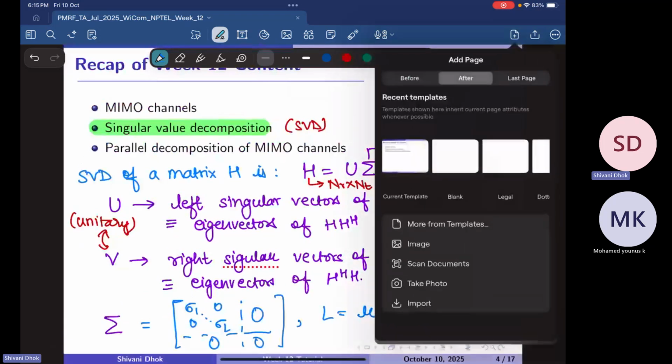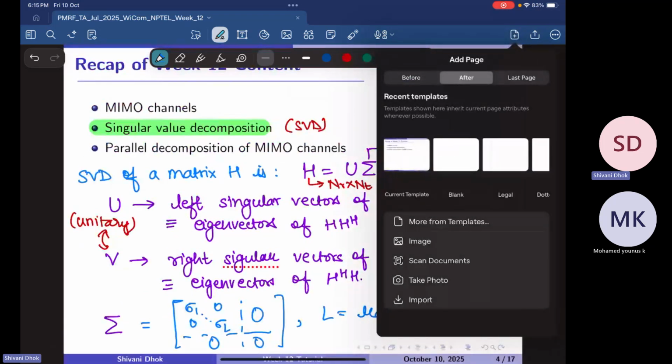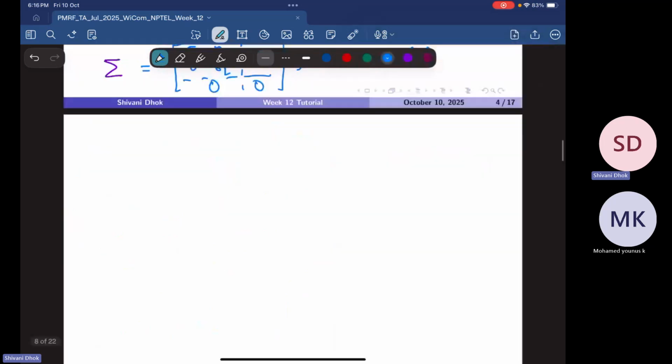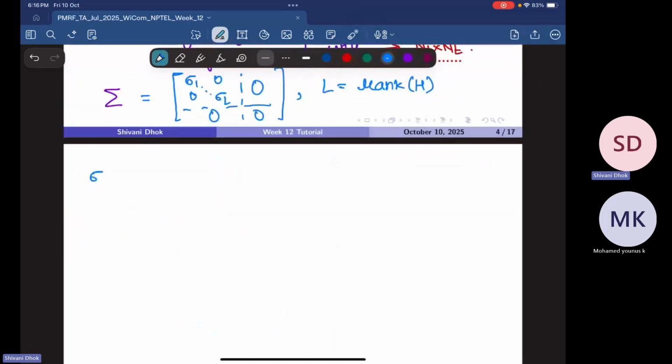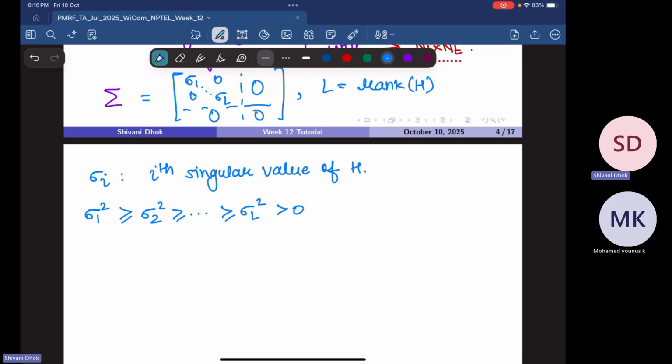So what are these values, the sigma i's? Here sigma i is known as the ith singular value of H, and these are ordered in descending order. So sigma 1 square is greater than or equal to sigma 2 square is greater than or equal to, and so on, sigma L square greater than 0.